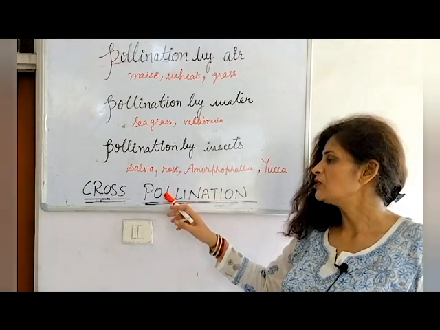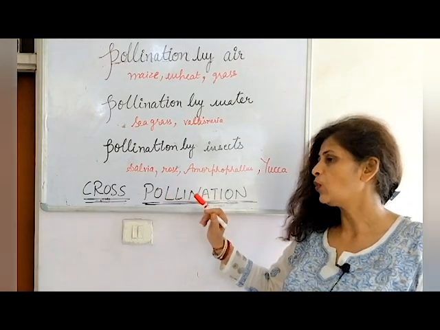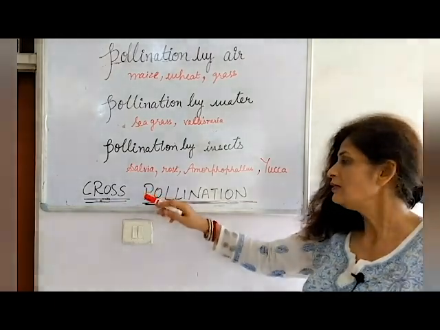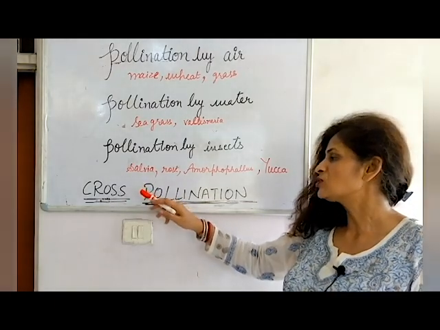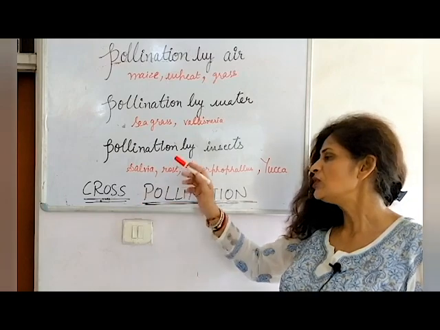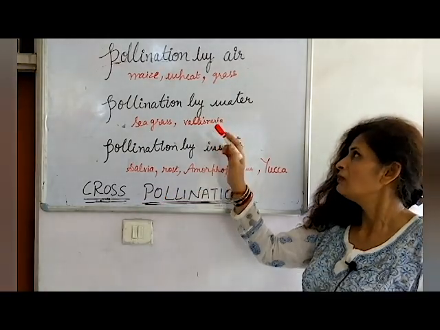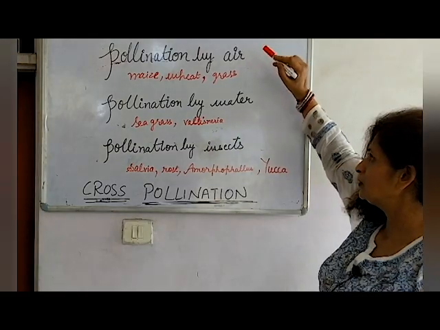But for cross-pollination, different agencies are required. Why? Because pollen grains have to travel hundreds to thousands of kilometers to reach the other plant. So various agencies are required, but three major agencies are there.